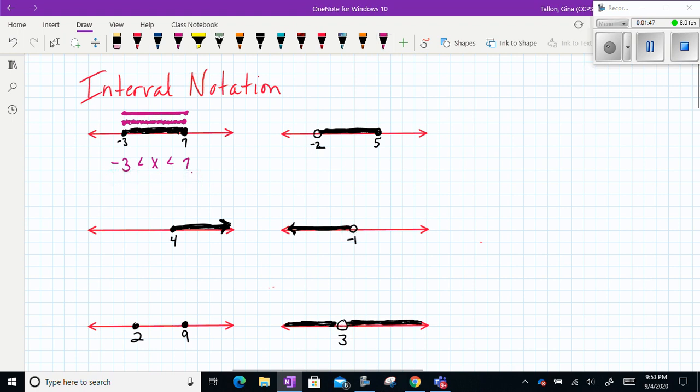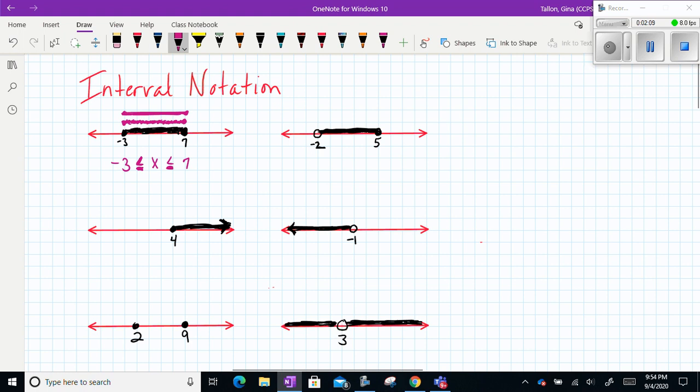That being said, I go back and see whether my points are represented with closed circles or open circles. If we have a closed circle, I need an underline, an equal sign, to indicate that the -3 is included in that interval as well. Same thing over here with the 7.